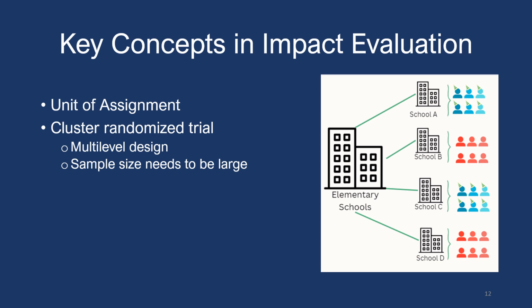With a cluster assignment, the number of individuals providing outcome data has to be larger, possibly considerably larger than the number required for individual random assignment in order to attain the same level of precision and statistical power to detect a program effect.